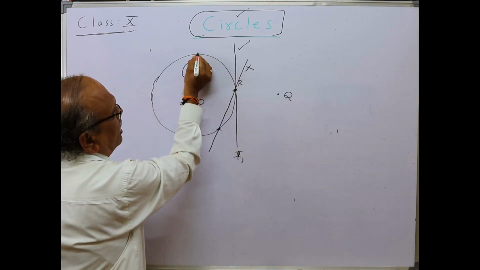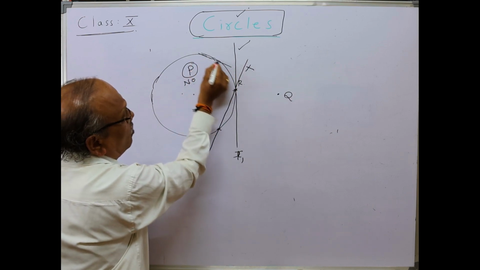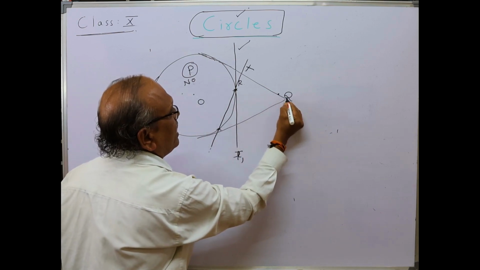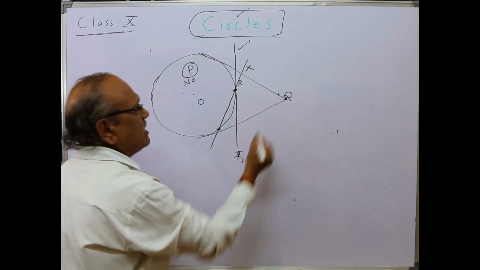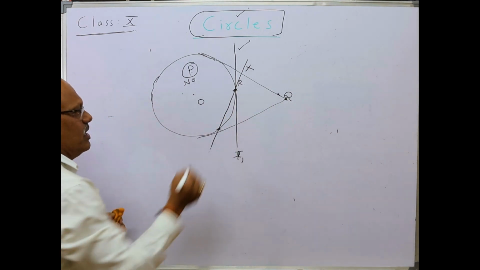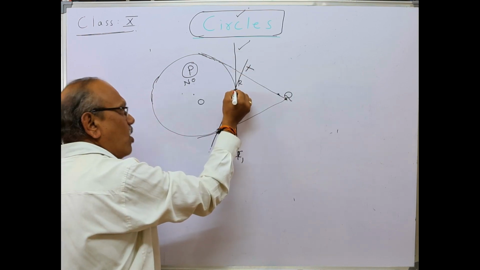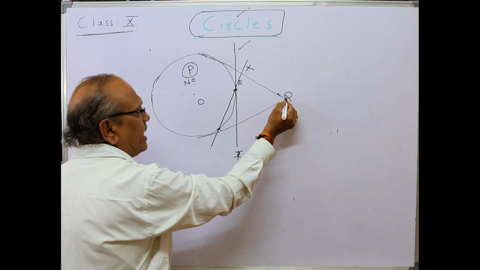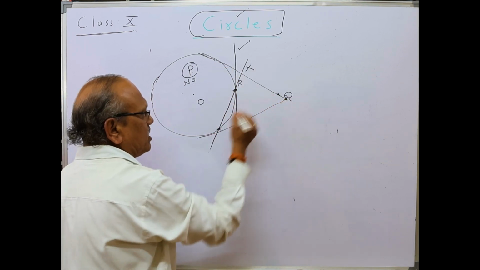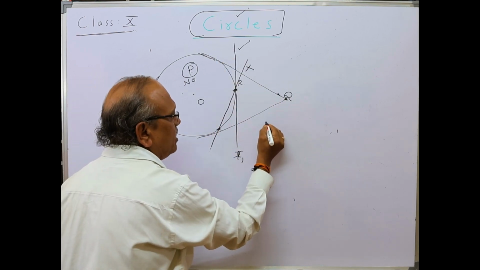Observe, you can draw one tangent from here, another tangent from here. Maximum you can draw 2 tangents from the external point. In the chapter, we are learning 2 theorems based on a tangent which is on the circle and the tangents from an external point to the circle. These properties of these tangents from an external point, tangent at a point, we are learning in the form of the theorem in this chapter.